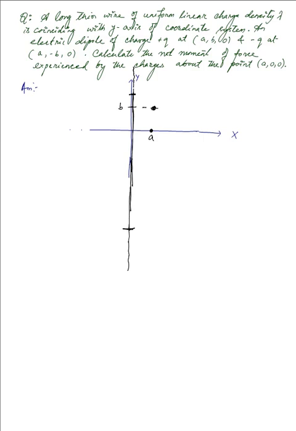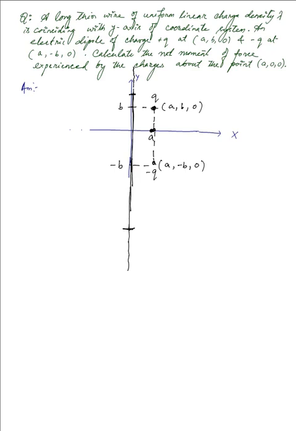So this is (a, b, 0), and there we have the plus q charge. And then just below that, exactly at the same distance, at a, minus b, 0, that's where we have the negative q charge as per the question.